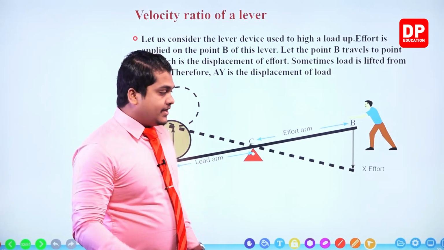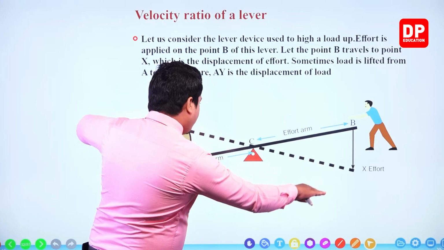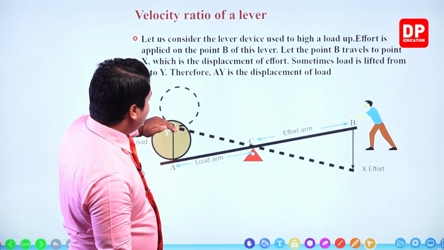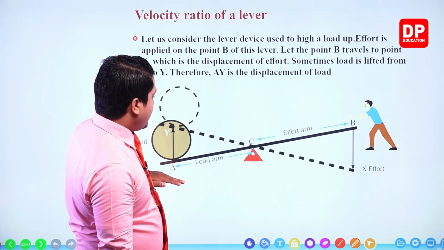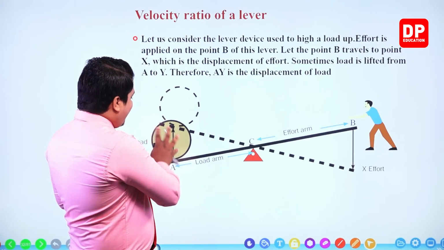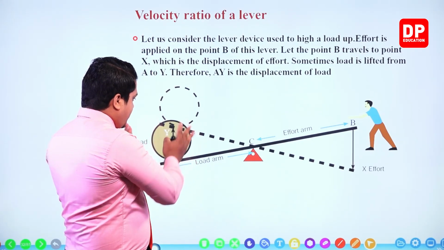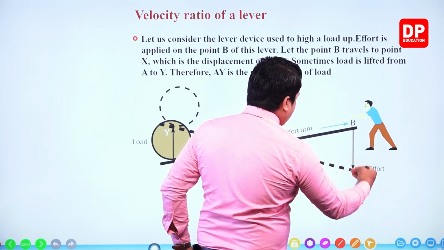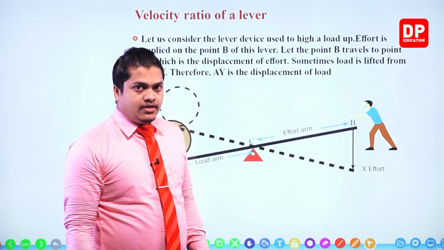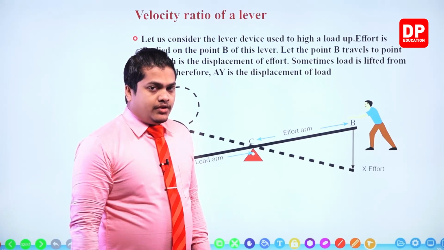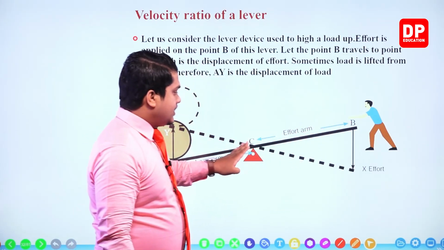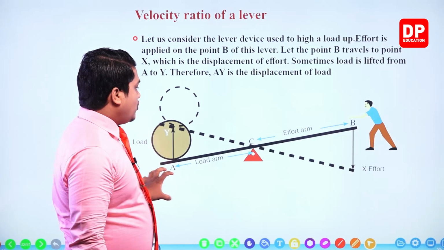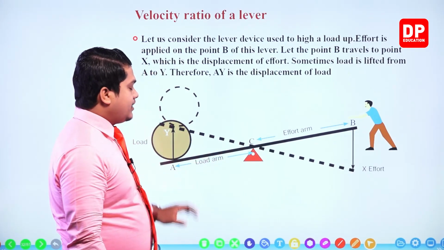When doing that, the lever arm travels down and point A, which is the load, travels towards the point Y, from A to Y. So the load is traveling from A to Y while the effort is moving from B to X. As usual, you can identify the effort arm, the distance between the fulcrum and the effort, and the load arm, the distance between the fulcrum and the load.